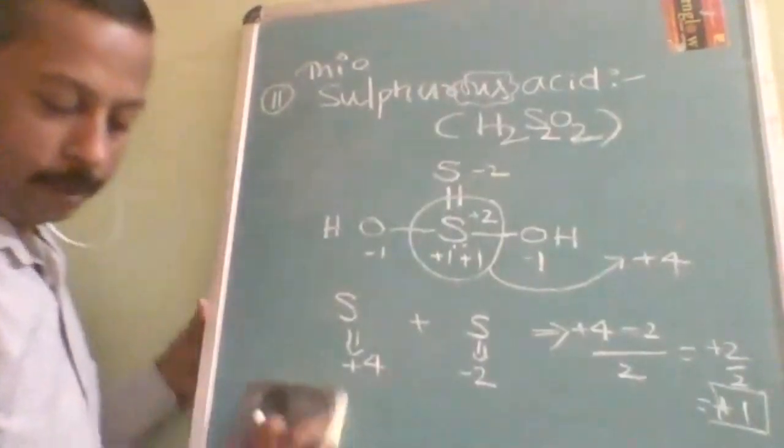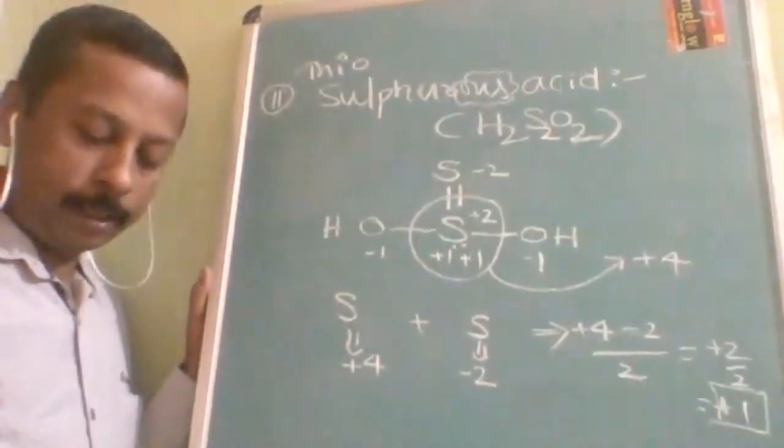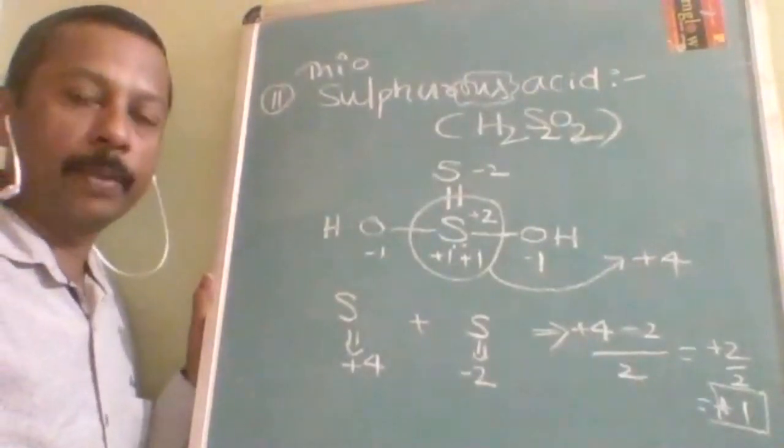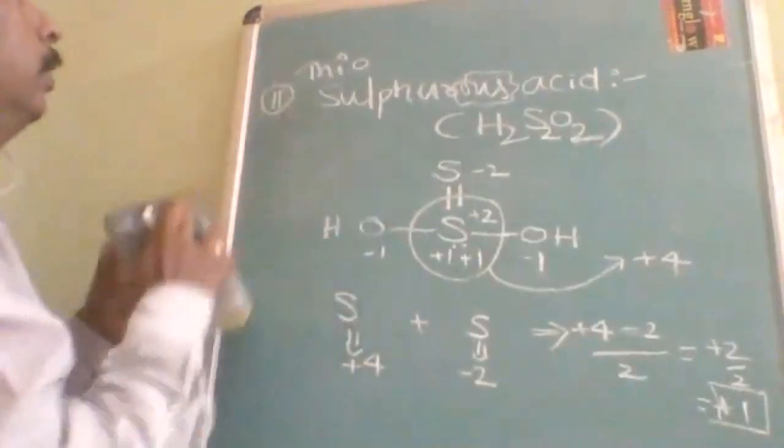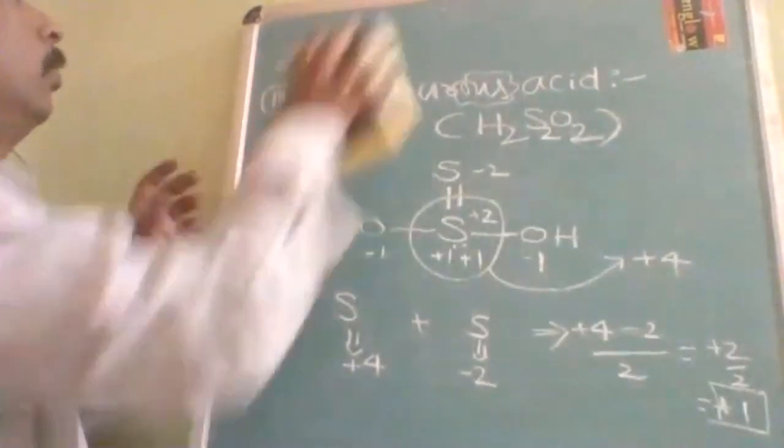Okay. The third one is disulfurous acid or pyrosulfurous acid. The third one is pyro.